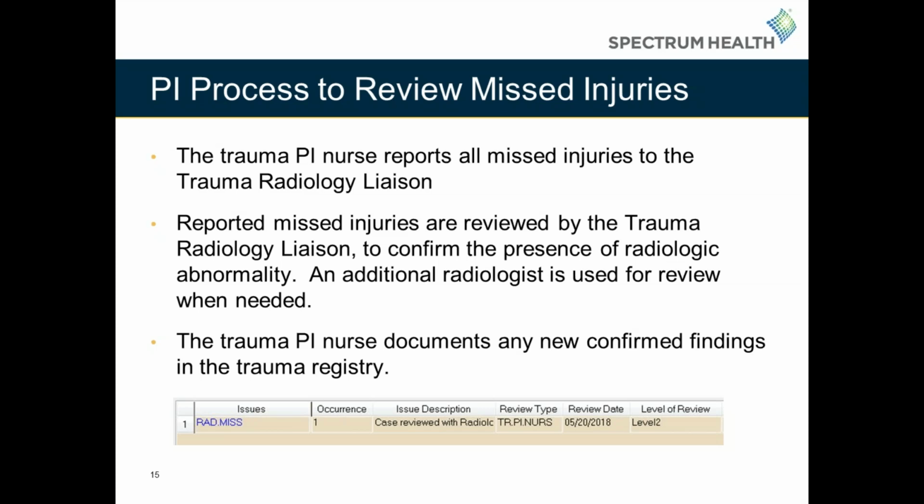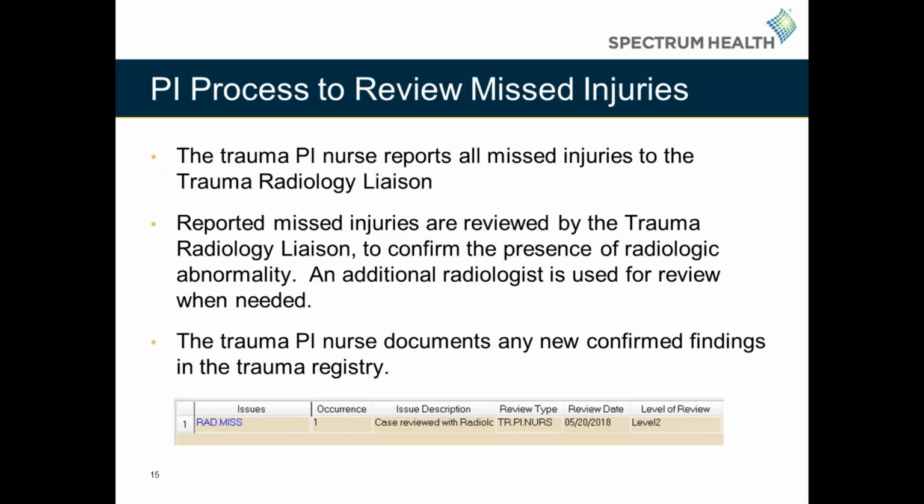We'll put the occurrence, because sometimes we've had patients who've had more than one missed injury, and then also how the process occurred, what was the communication, and also putting the email into the registry for later review if needed.